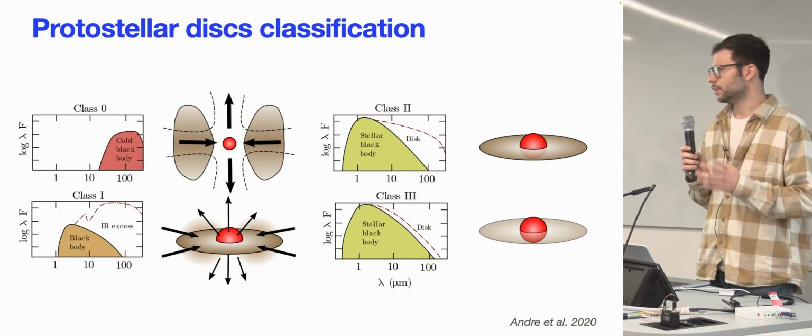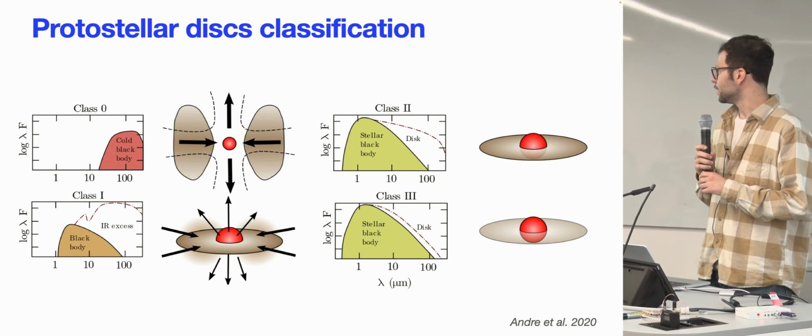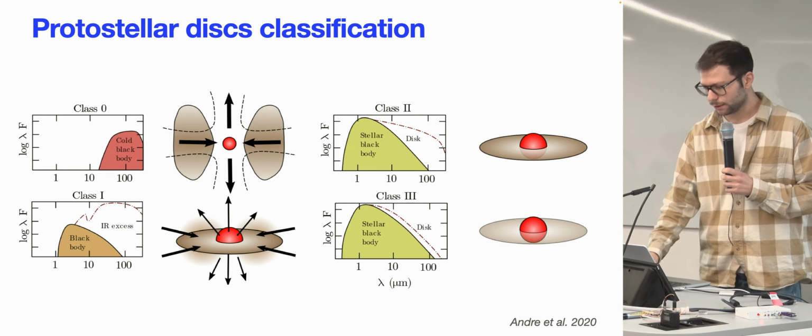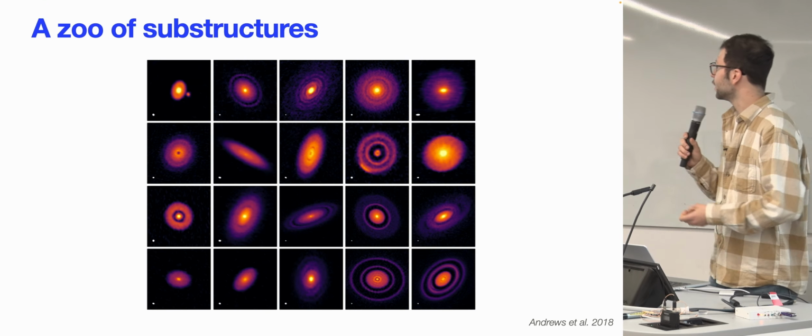And finally, we have class 3 disks, which are basically main sequence stars with the remnant of an accretion disk.